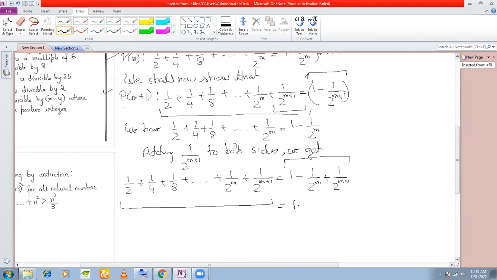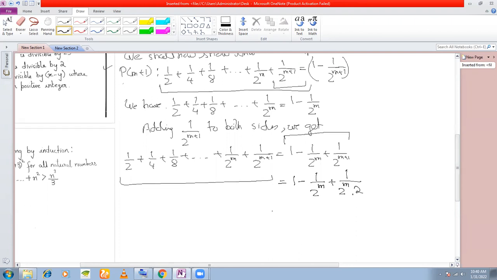So let's see how to show. It is equal to 1 minus 1 by 2 to the power of m plus, now this can be written as 1 by 2 to the power of m into 2, right? Now from these two, what can you take out common? 1 by 2 to the power of m.